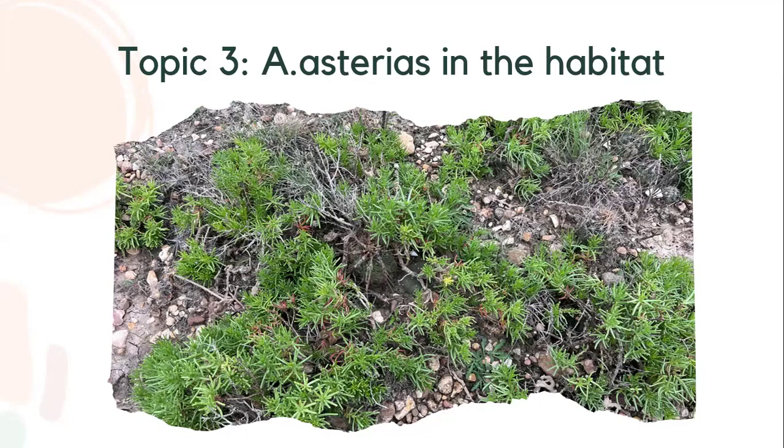This is the nurse plant of the asterias. They hide on this plant. This is Viriliatexana, I think. Yeah, that's the name of that nursing plant. Without this plant, the Astrophytum is not going to be growing because it needs some shade.